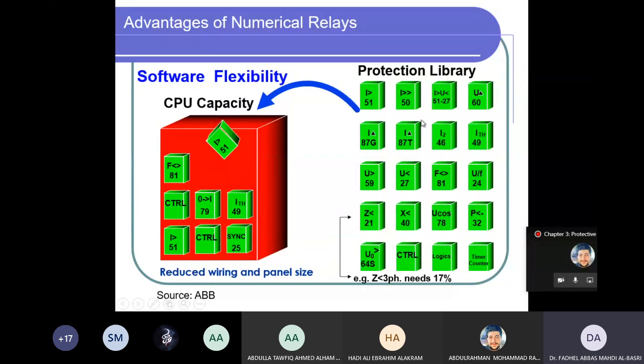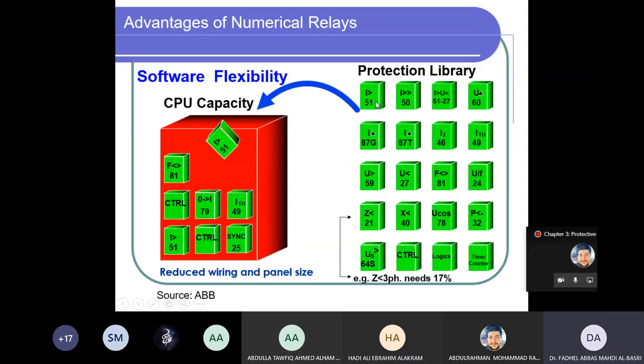These represent the library of the protection functions. We have an overcurrent relay. These are the symbols for IEC, and this is the numerical number that represents time overcurrent relays according to IEEE. This is the instantaneous overcurrent relay.